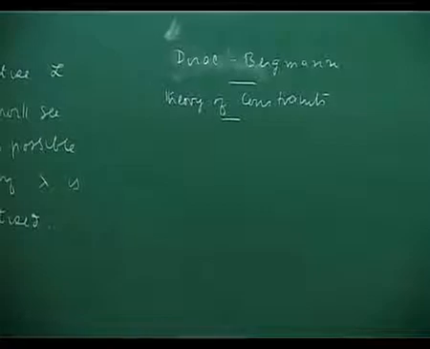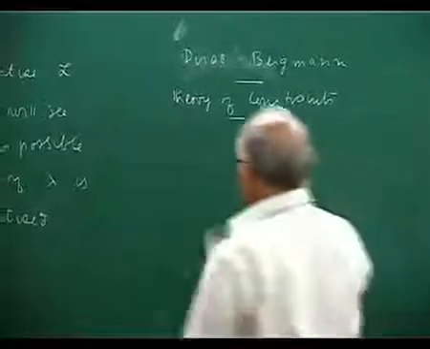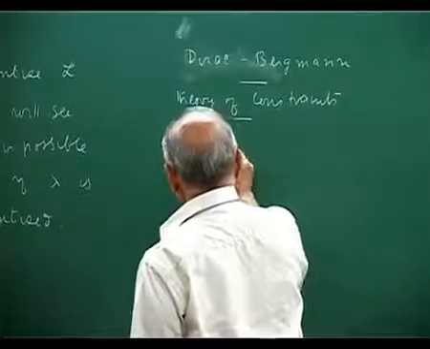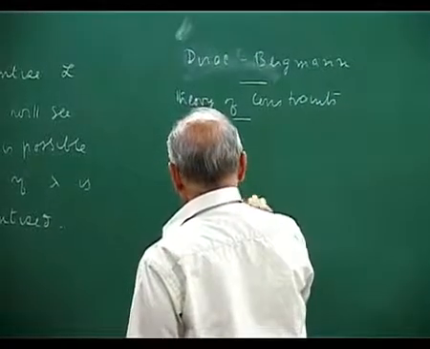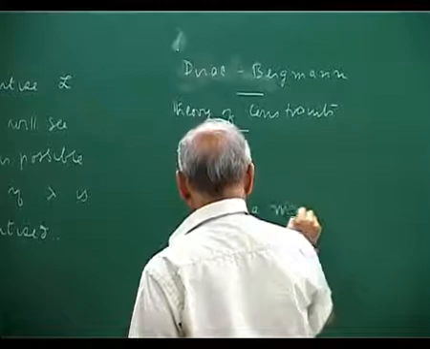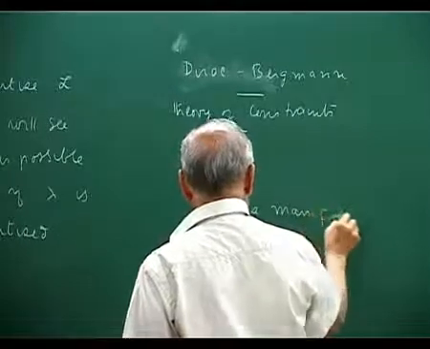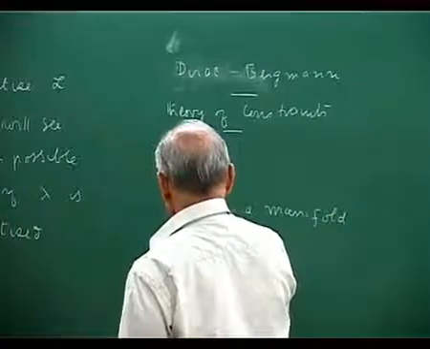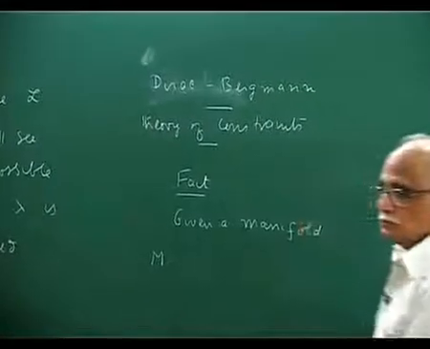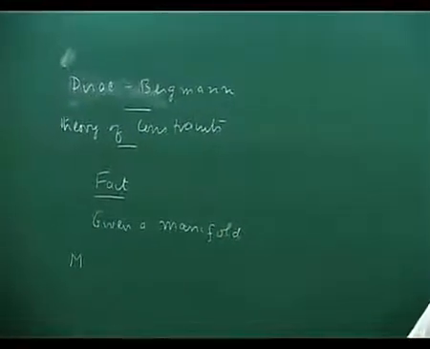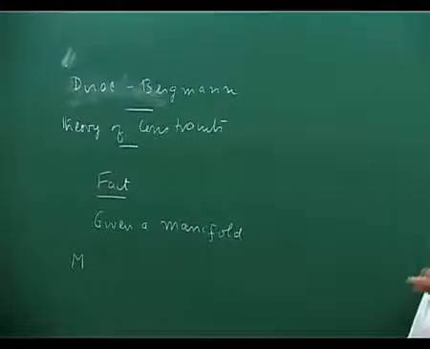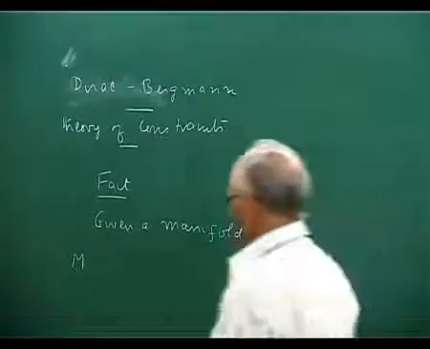Now, the first fact is, given a manifold M, for example like SU2, associated to it we have two structures.